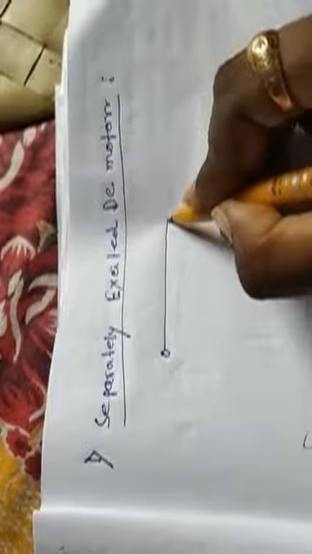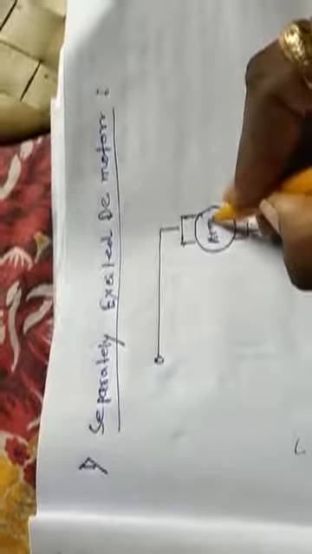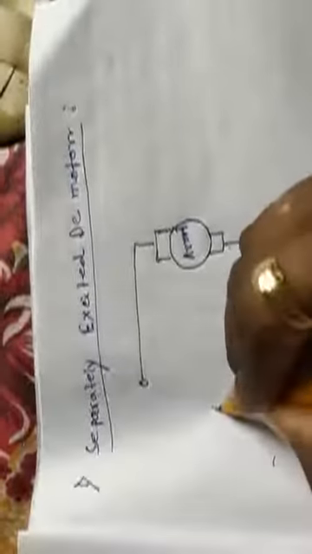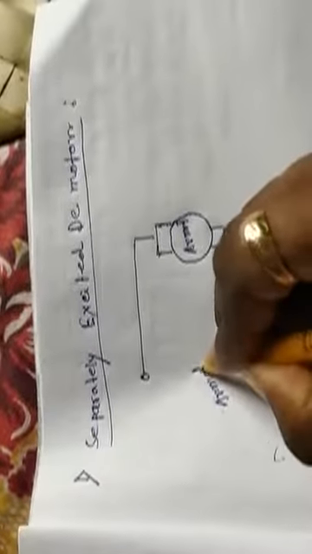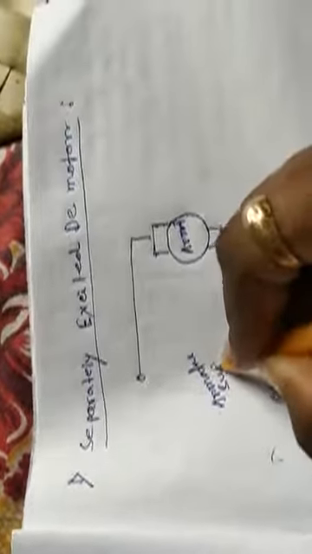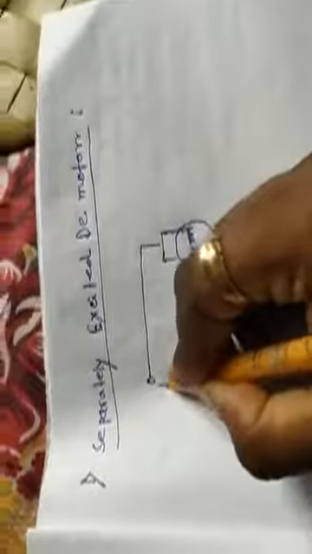The construction of a separately excited DC motor is this. I will draw it. This is the armature. This is the armature supply, DC supply.